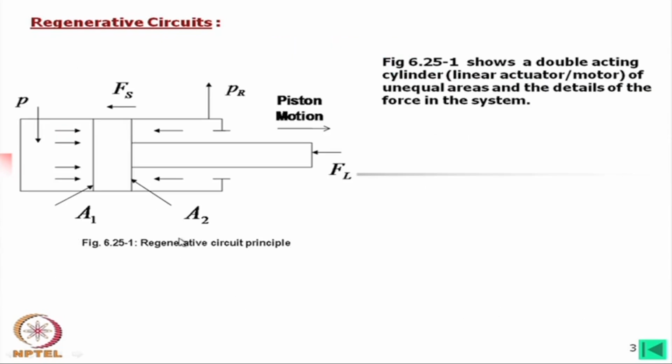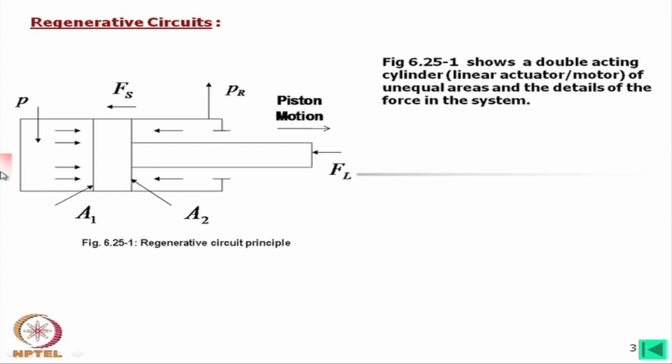Now, in this figure we will find a double acting cylinder, a linear actuator or motor of unequal area, and the details of the forces in the system. Now, you should remember this term double acting.